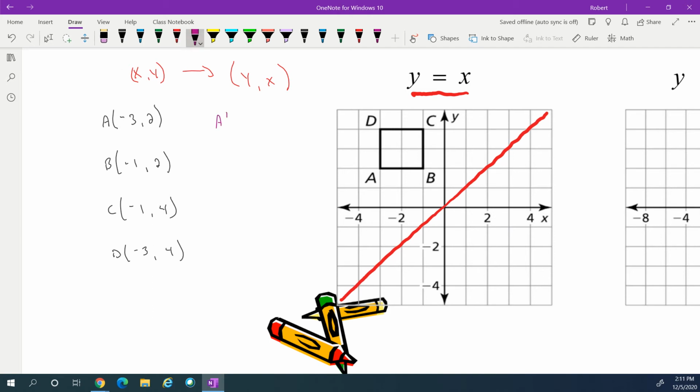So A prime, I'm going to take the x and the y and just switch them. It becomes 2, -3. B prime becomes 2, -1. C prime, 4, -1. And D prime, 4, -3.